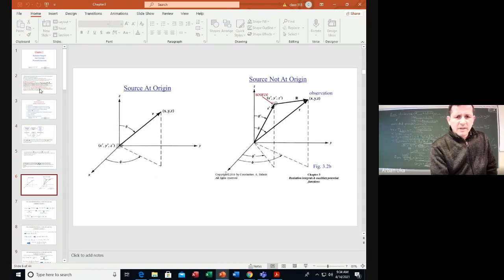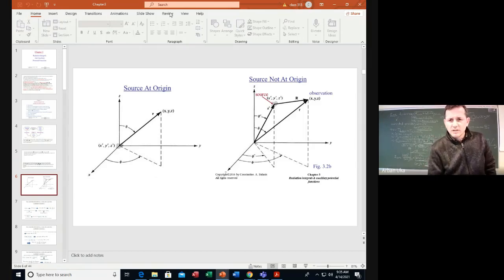Now, when we are going to analyze the sources and the fields that they create at a certain distance, traditionally we have two ways to write down the equations. One would be where the source is located at the origin. The other approach is when the source is not located at the origin, and the point where we want to conduct a measurement is described by a vector r, which is equal to small r minus small r prime.